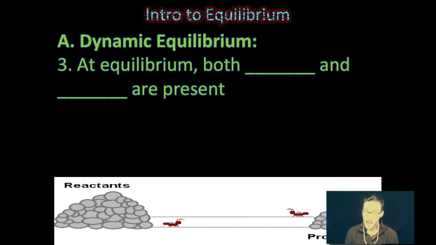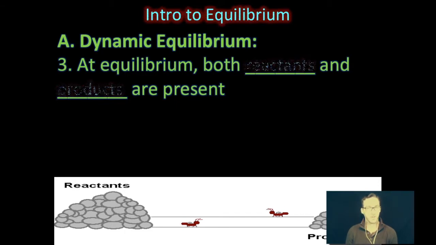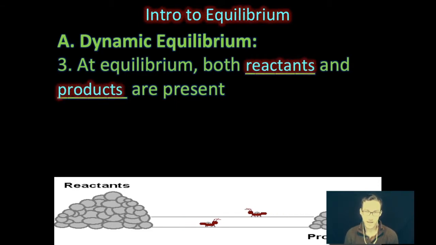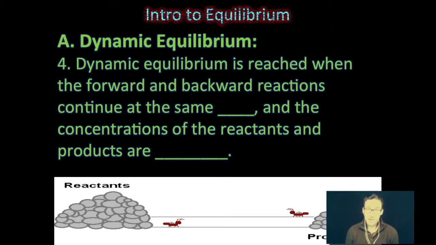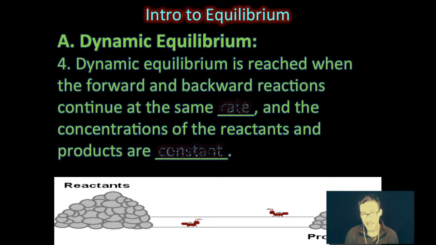And keep in mind that at equilibrium, both the forward and the reverse reaction are proceeding, so we have both reactants and products present at equilibrium. And so when you define equilibrium, it's this real dynamic state, and it's reached when both the forward and backward reactions continue at the same rate or the same speed, and the concentrations of the reactants and products are constant. Not necessarily the same, but they have a constant amount.